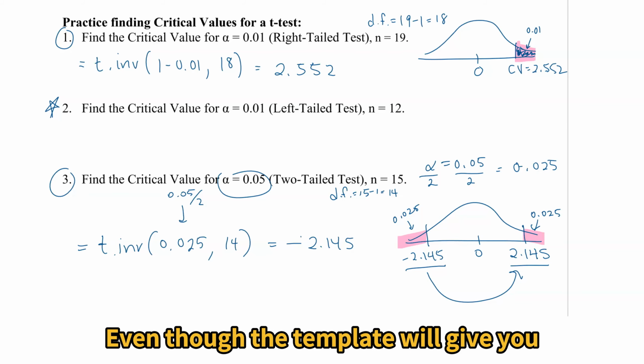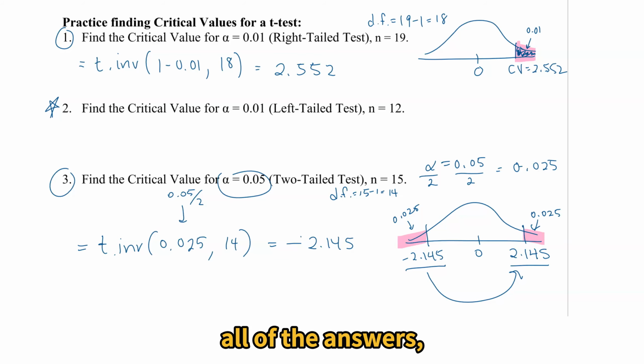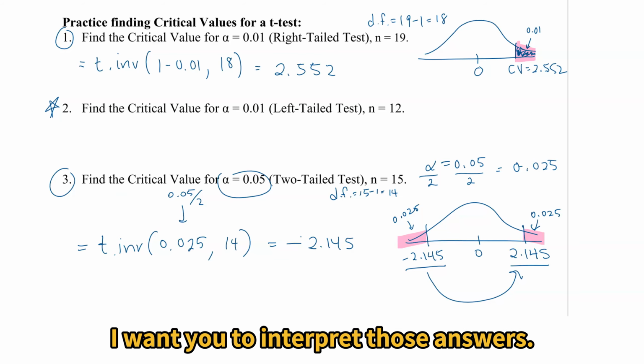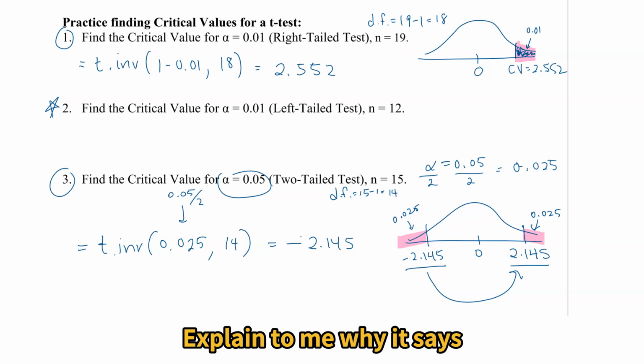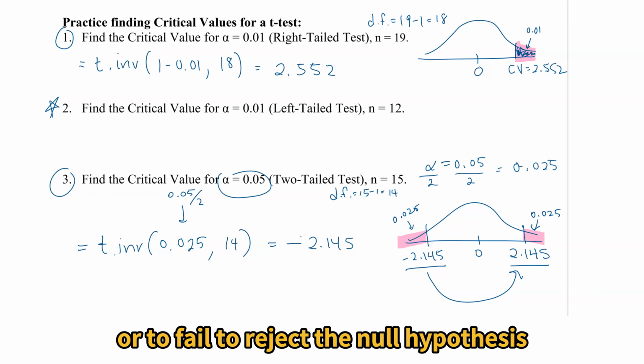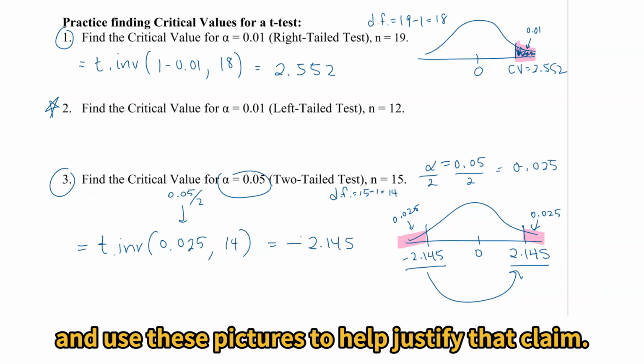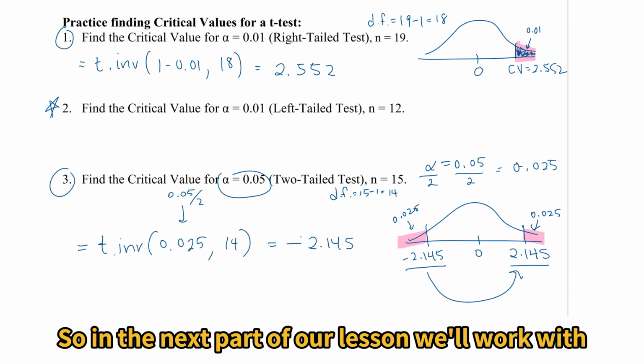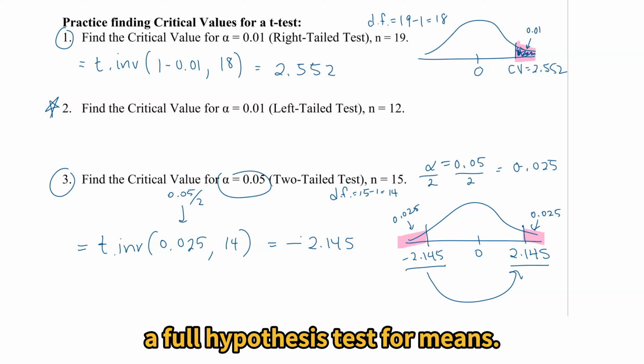Even though the template will give you all of the answers, I want you to interpret those answers. Explain to me why it says to reject the null hypothesis or to fail to reject the null hypothesis, and use these pictures to help justify that claim. So in the next part of our lesson, we'll work with a full hypothesis test for means.